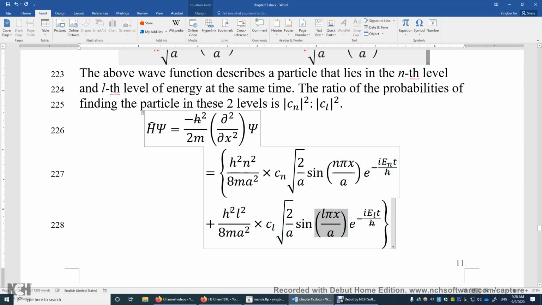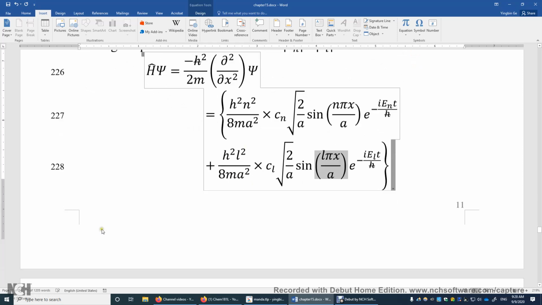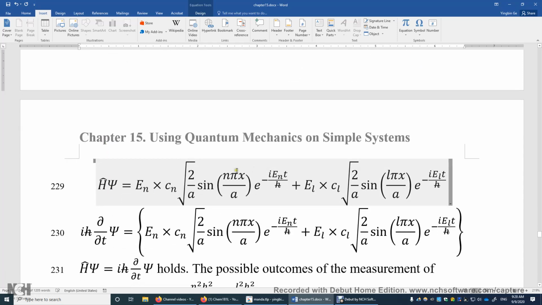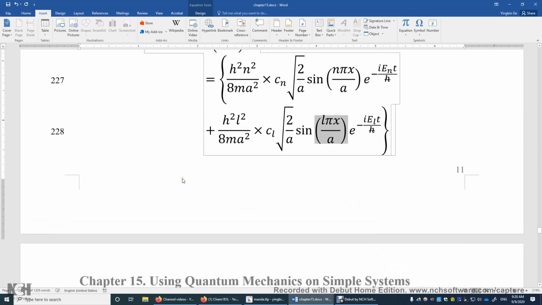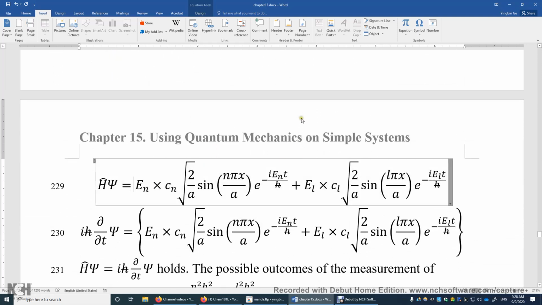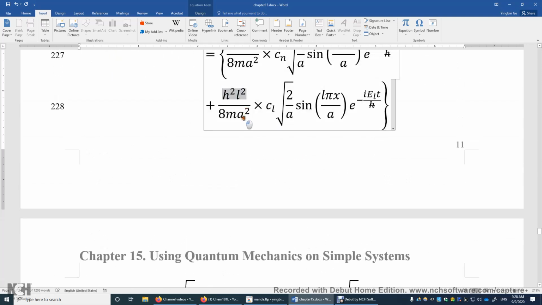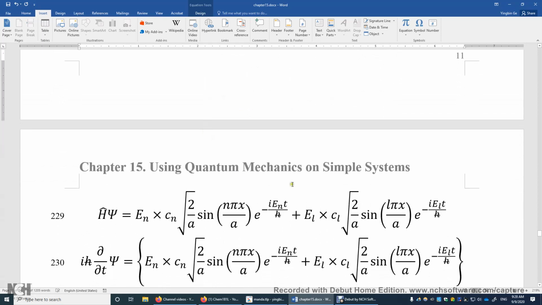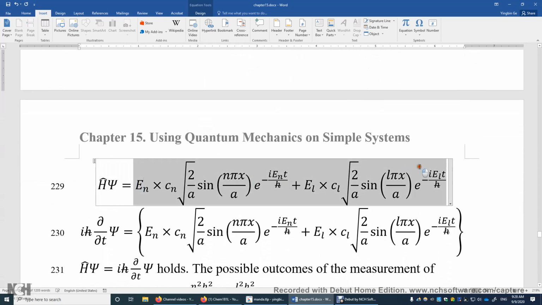Two different eigenvalues. Again, because n is different from L, we cannot combine these two. Now let's look at a simplified expression for this. Okay, this is just E sub n, right? So E sub n here, and this is just E sub L, the energy of level L. So this is the simplified form.